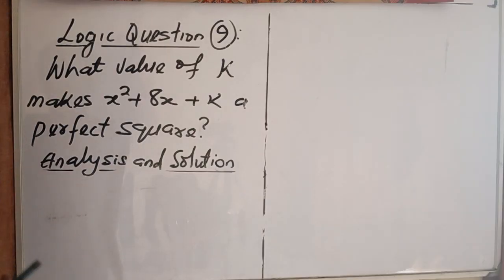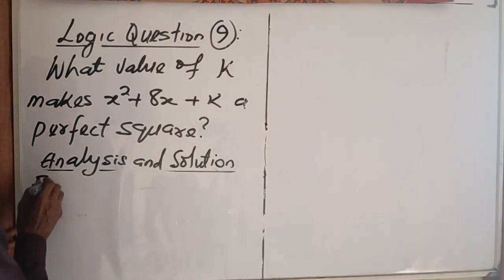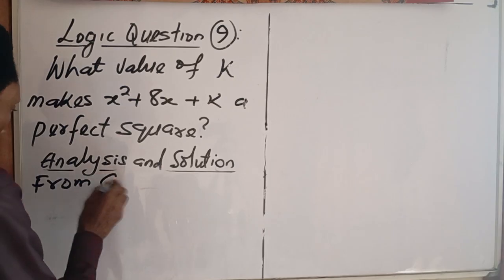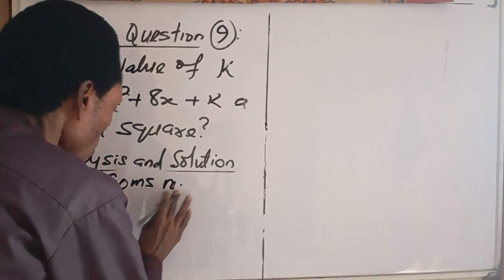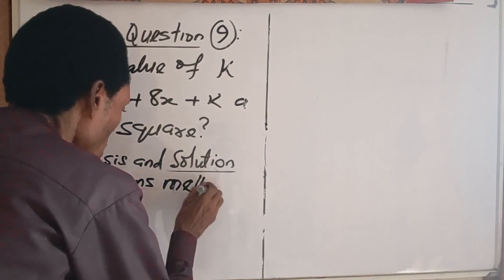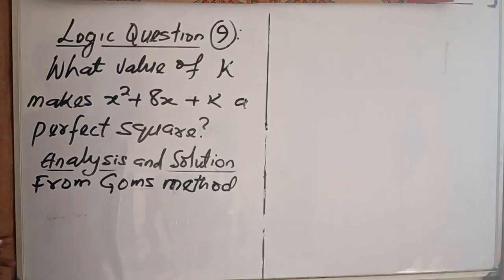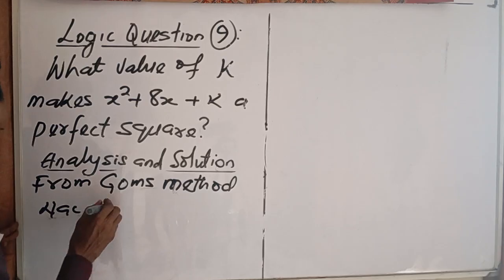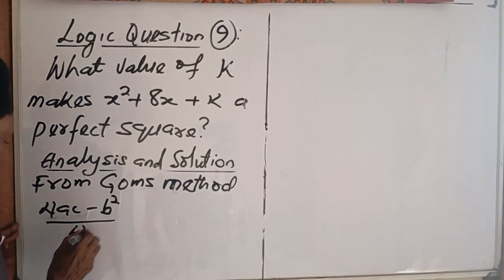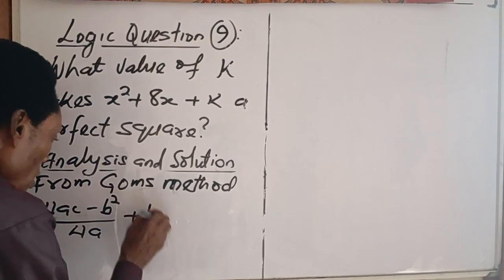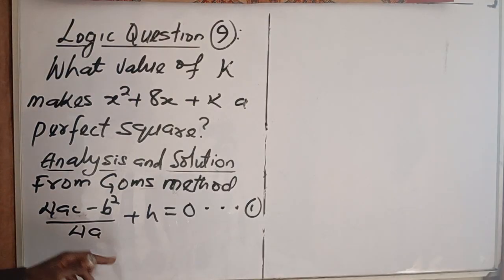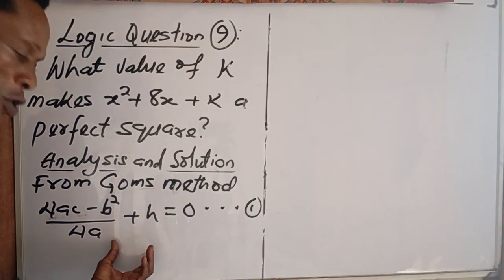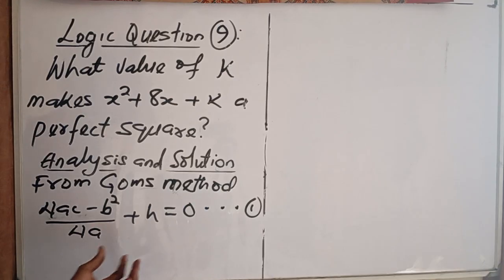So we start by saying, from Gauss method, 4ac minus b squared all over 4a plus h equals 0. This method, or this formula, is what we want to use. Now, what do we do?